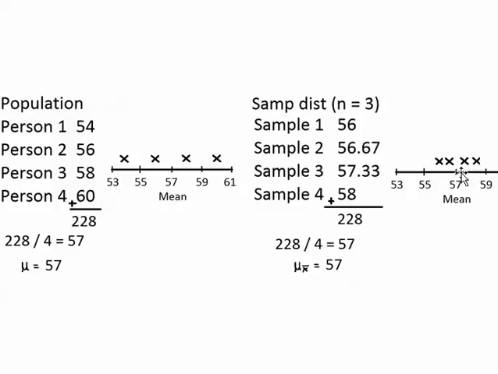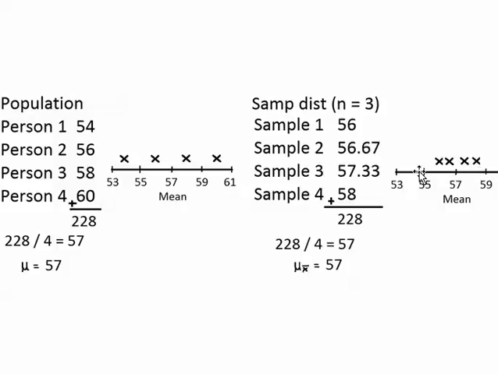And at the center, we have the mean of the sampling distribution, which is the same thing as the population mean. And we can see that down here, these sample means underestimate the population mean of 57, and these sample means overestimate the population mean of 57.